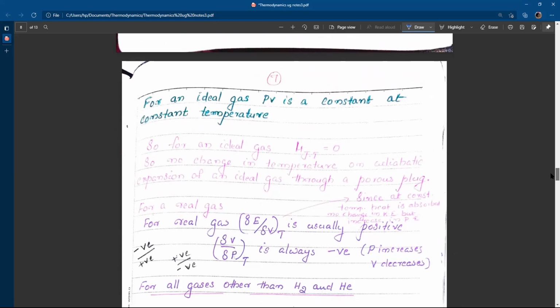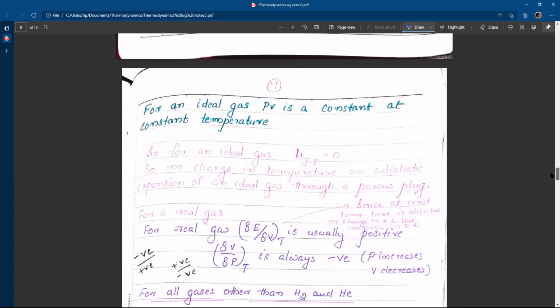അപ്പോൾ ഇനി റിയൽ ഗ്യാസിന്റെ കേസിൽ dou E by dou V at constant temperature is usually positive. Since at constant temperature, heat is absorbed, no change in kinetic energy, but increase in potential energy will be there. That is the reason why dou E by dou V at constant temperature is usually positive in the case of real gases.